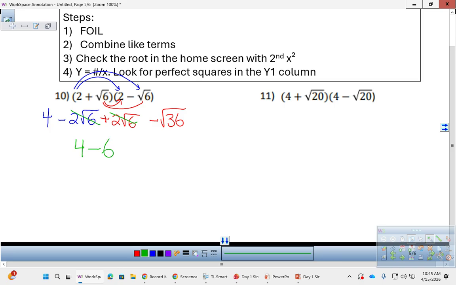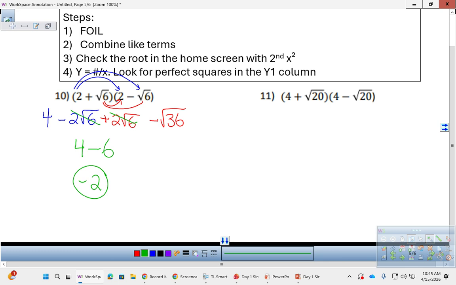So I end up with 4 minus 6, and 4 minus 6 is negative 2. So it doesn't look like that is going to simplify to something simple, but it does. And it does because it's a conjugate. Conjugates will always work out where that middle term simplifies, and so that square root will disappear.